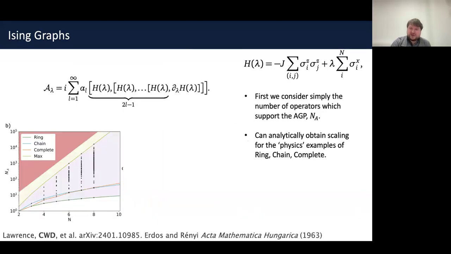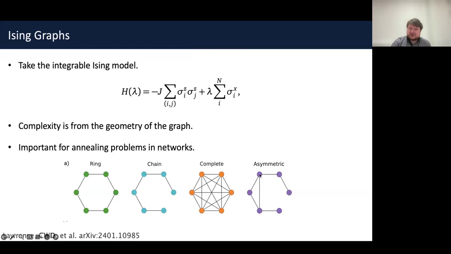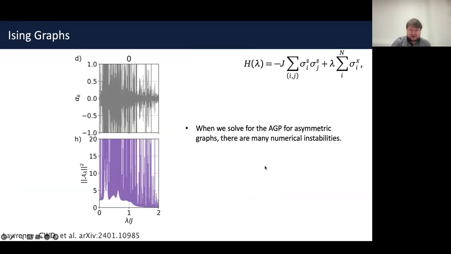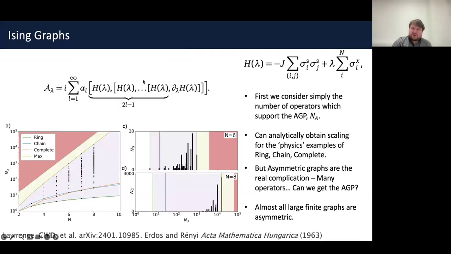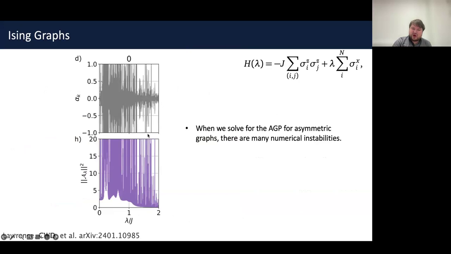If we look at the asymmetric graphs, so this is literally looking at this graph here, the n equals 6 site graph with one connection added to the chain, and we solve for the adiabatic gauge potential. These are the alphas that appear in front of this commutator relation, up to maybe the first 100 or so that are plotted here. And below here is the norm of the adiabatic gauge potential with said alphas.